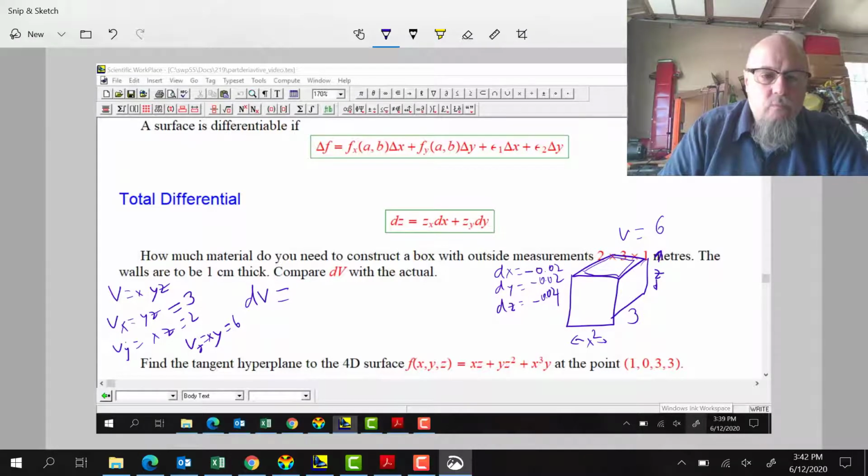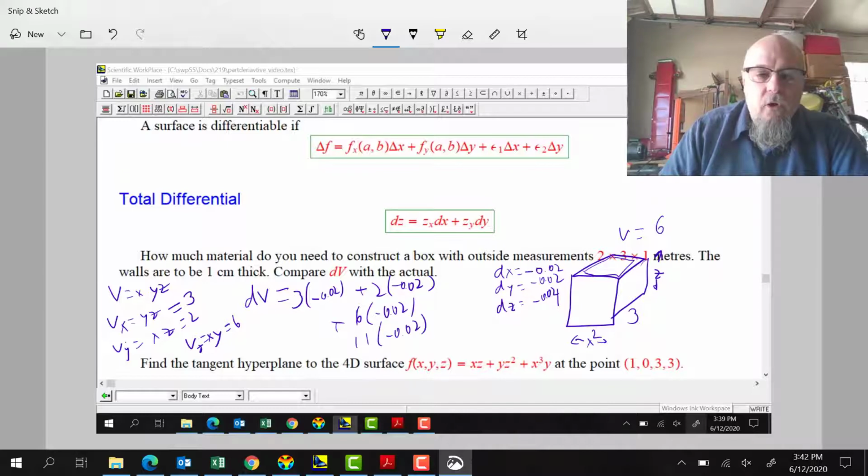So the change from the outside to the inside is going to be 3 times minus 0.02 plus 2 times minus 0.02 plus 6 times minus 0.02, and that's like 11 minus 0.02s, so minus 0.22.